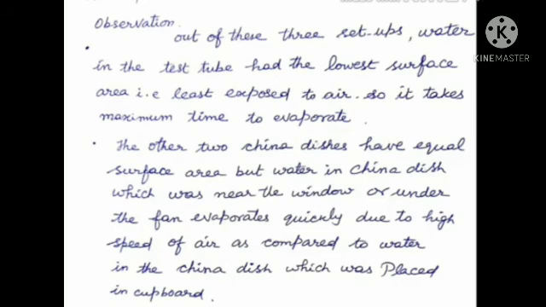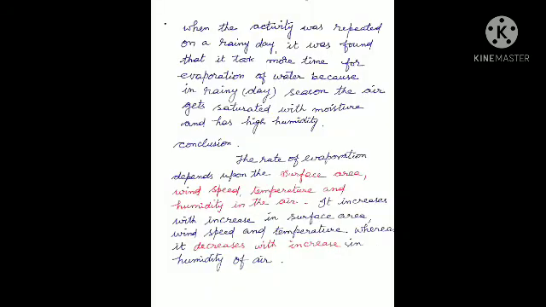When the activity was repeated on a rainy day, it was found that it took more time for evaporation of water because in rainy season the air gets saturated with moisture and has high humidity. From that, we come to the conclusion that the rate of evaporation depends upon the surface area, wind speed, temperature, and humidity in the air.